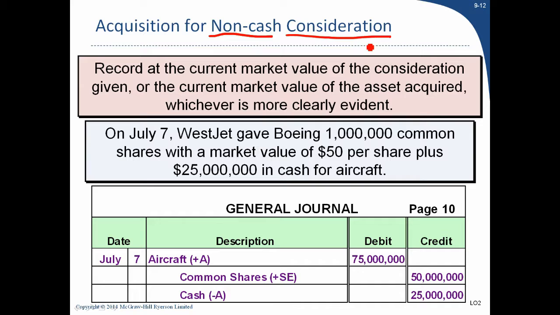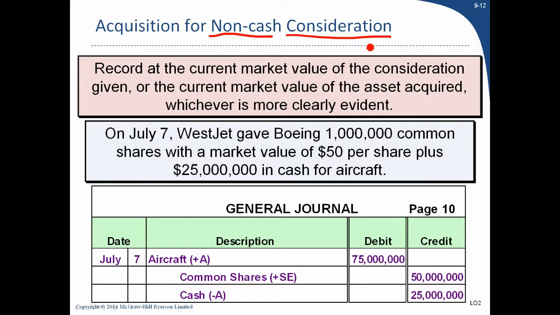You're not allowed to do that, okay? The acquisition cost is based on the cash paid for it, or the consideration given up. If you give a note today saying, I promise to pay you $75 million tomorrow, that's considered the purchase price. So the problem is, you might have an equation where you have two unknowns. In this case, you don't really know what the aircraft is worth, and with your common shares, it's not always clear what those are worth.